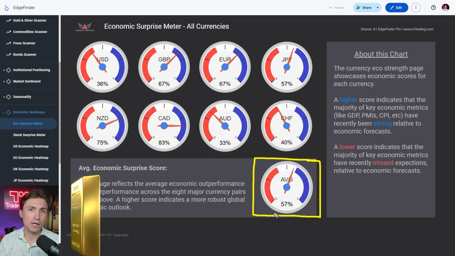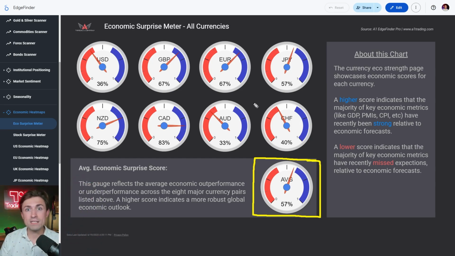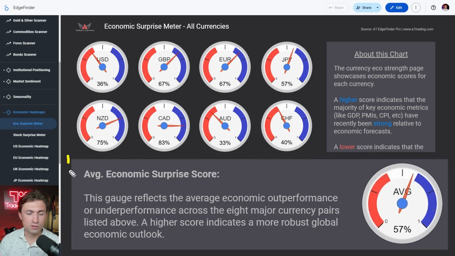If you're a gold trader, understanding the state of the global economy, in this case, we're looking at 8 major economies within the world. If the global economies of the world are looking relatively weak, maybe there is a stronger demand for risk-off assets like gold. And if the global economy as a whole, which we're averaging out here together, by the way, we'll go ahead and zoom into this table now so that you can take a look at this.